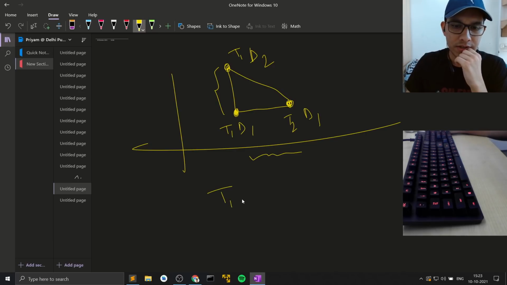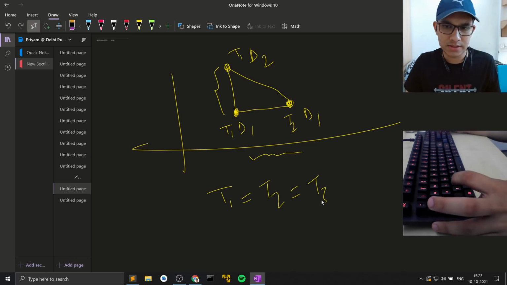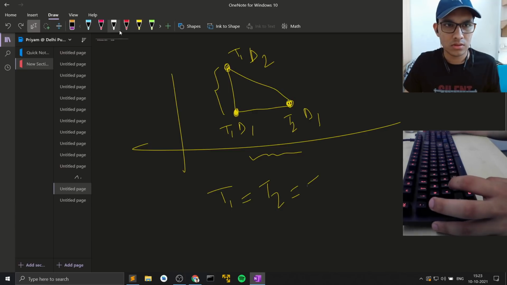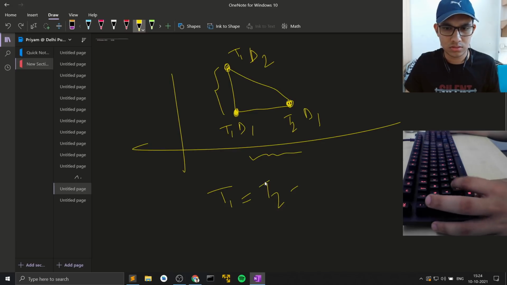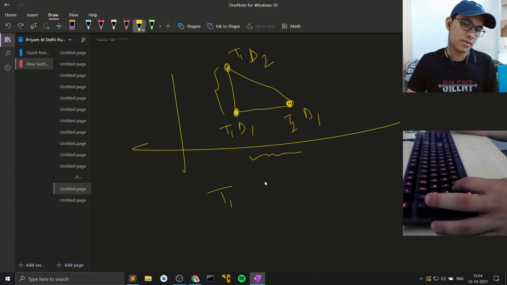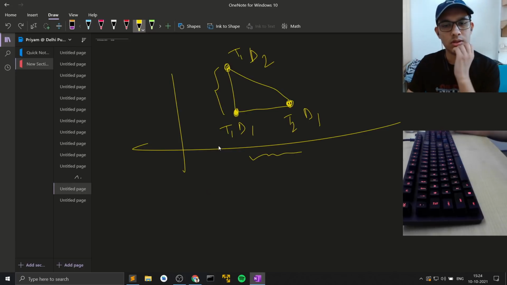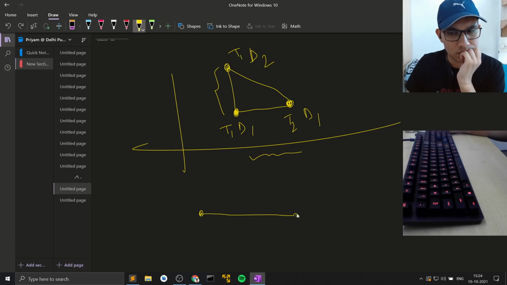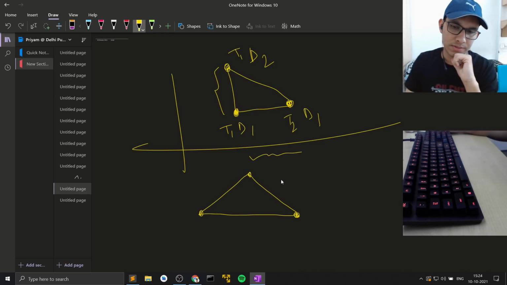So what if I have T1 equals T2 equals T3? Then this is done, right? Yeah, this case is done. This will work out. What if I have something like this? Here the topic is different.